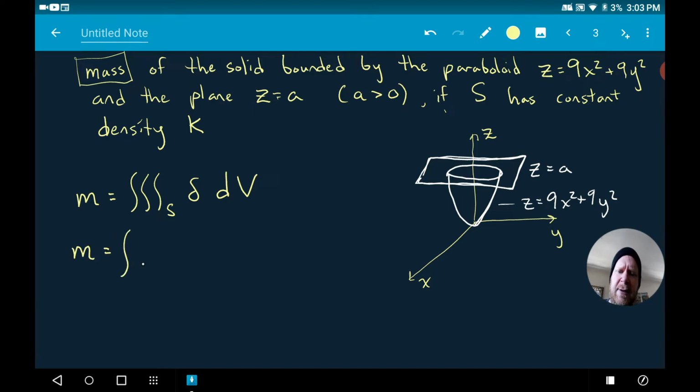So in this case, if I want to set up my triple integral, I'll leave myself plenty of room for writing any functions that I might run into. The density here is stated that it's k, and dV in cylindrical coordinates is going to be dz r dr d theta.